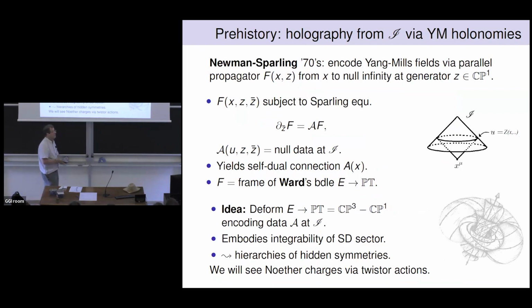I can't resist going back to some prehistory as to where some of these ideas come from, because people were doing holography before holography became a big name. In particular, Ted Newman in the 1970s and on was trying to rebuild physics in the bulk of space-time from null infinity.